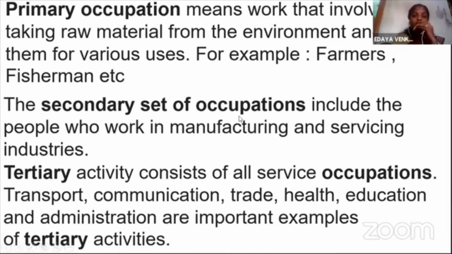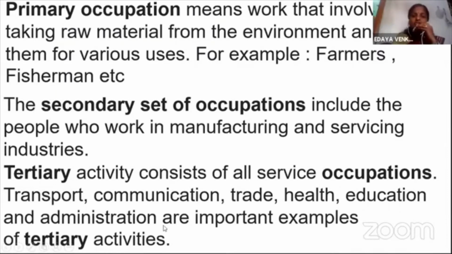What is secondary occupation? It includes the people who work in manufacturing and servicing industry. There the people start going to work in factories or small industries, that is known as secondary occupation. And what are tertiary activities? They consist of all services and occupations.